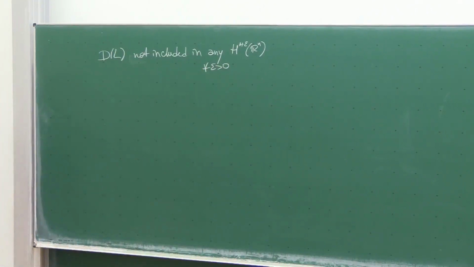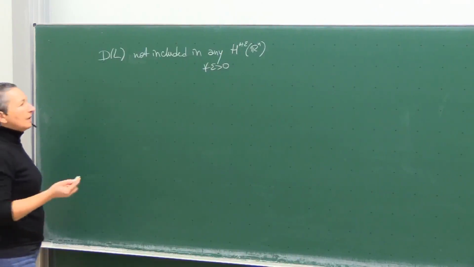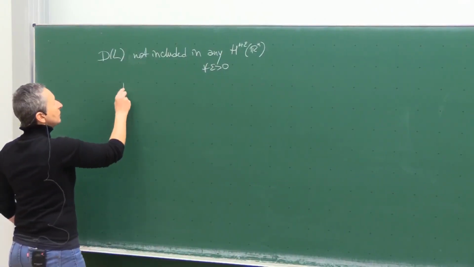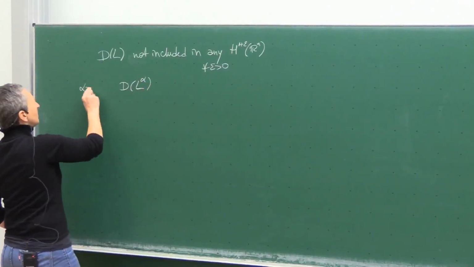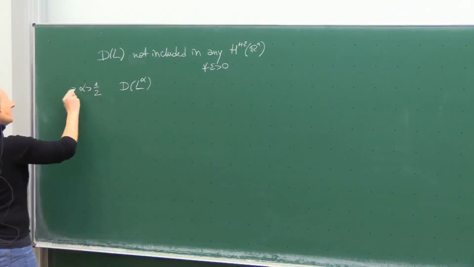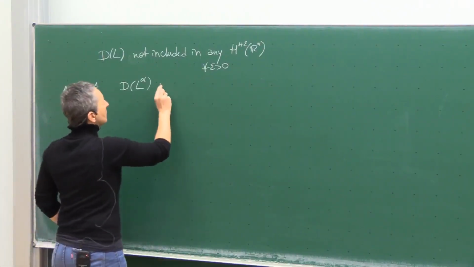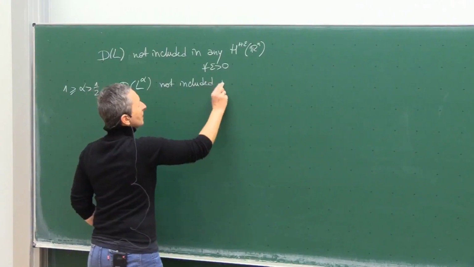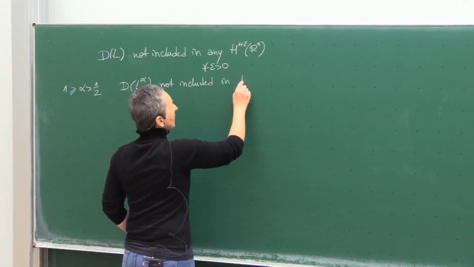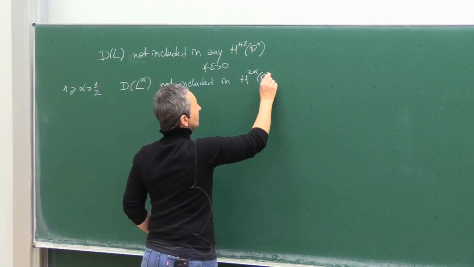So no way that the domain of L to the power alpha, if alpha is bigger than a half and less than 1, is included in H^alpha, right?